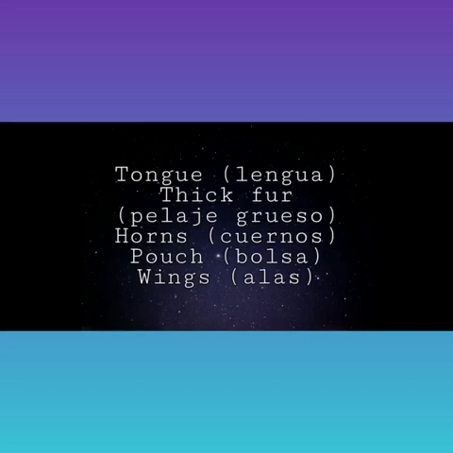Okay, we have the word tongue, that means lengua, thick fur, pelaje grueso, horns, cuernos, pouch, bolsa, and wings, alas. So, write these words in your notebook, please. Vocabulary part. Okay. Now we're going to continue with the workbook with teacher Laura. Okay.